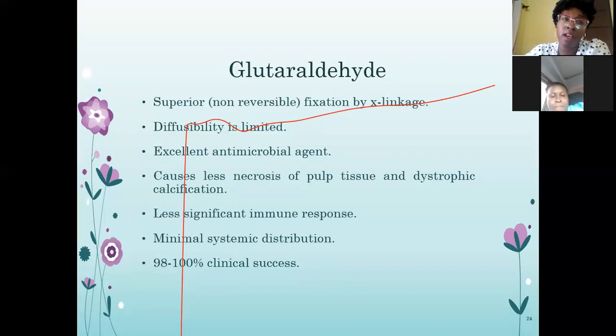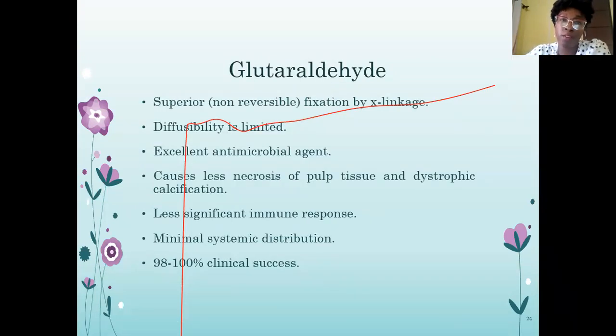So glutaraldehyde in preservative, if your objective is to preserve, it is superior, non-reversible fixation by cross-linkage. The diffusibility is limited, so you'll just have a few millimeters of your radicular pulp fixed. It's an excellent antimicrobial agent.